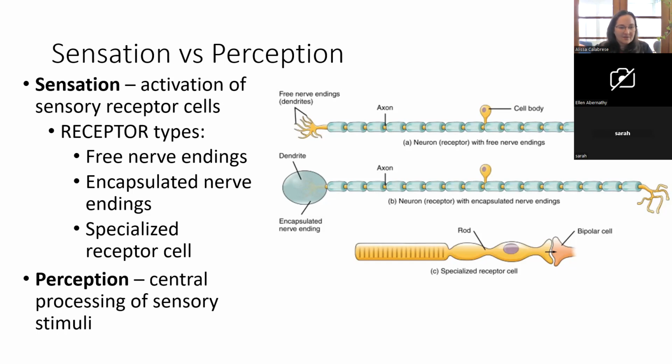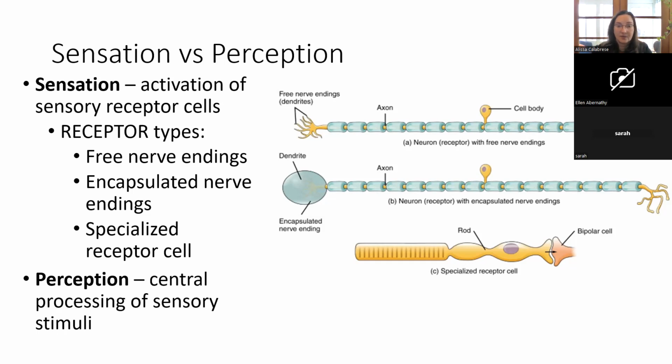So, sensation versus perception. A lot of times we conflate these two terms. Sensation is a message that's been picked up by a sensory receptor, essentially triggering an action potential in that receptor.